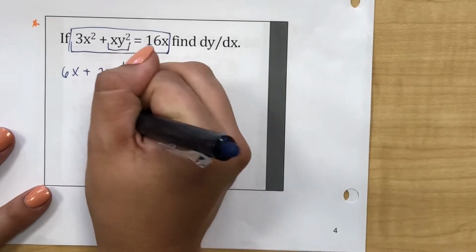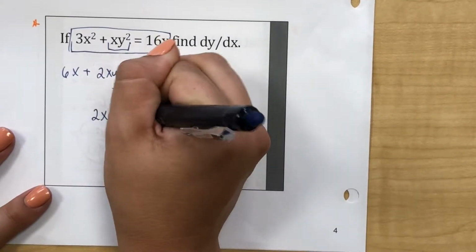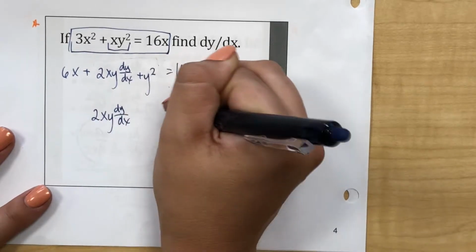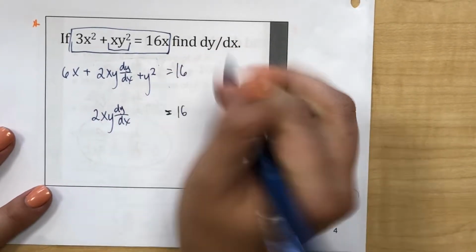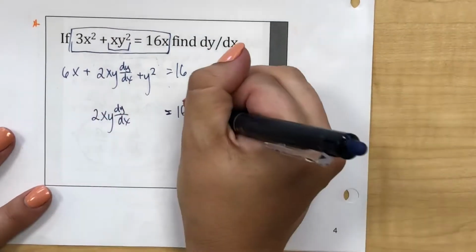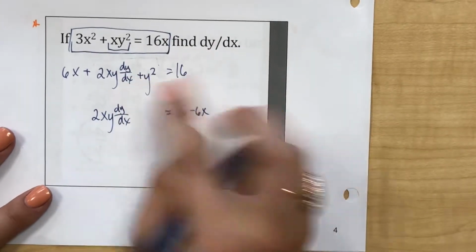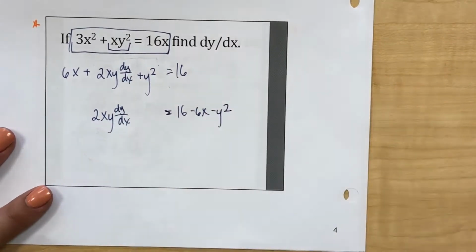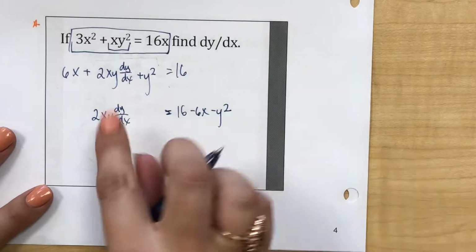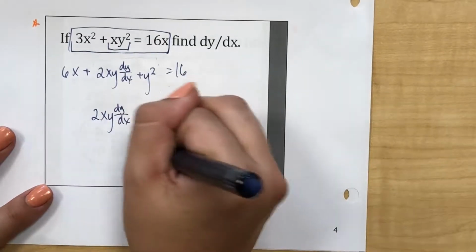So 2xy dy dx equals 16. I'd subtract this from both sides, and I'd subtract this from both sides. Now to isolate this guy, I'm going to divide.